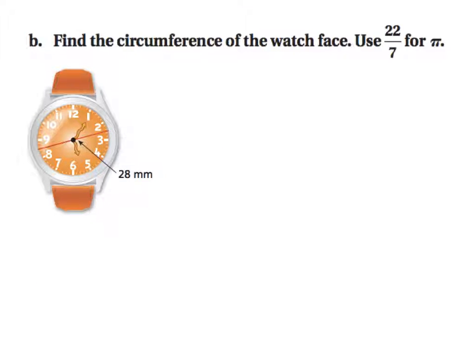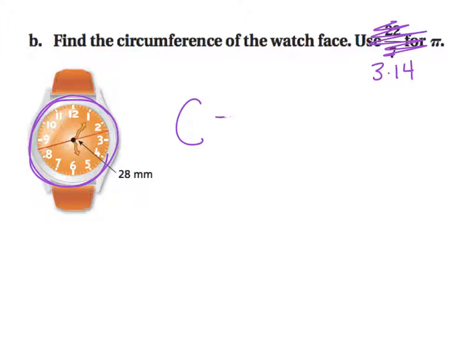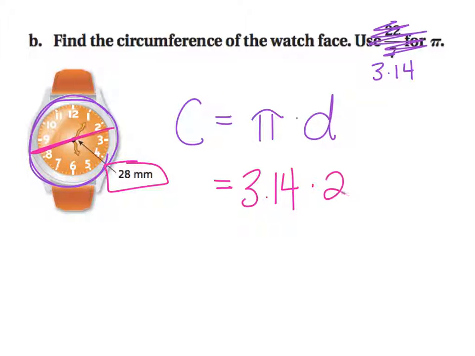Here we have a watch, and we're going to use 3.14 for pi always. We want to find our circumference, or that distance around the outside of the watch. I know circumference is pi times diameter. So pi is 3.14, and my diameter, given to us, is 28 millimeters.